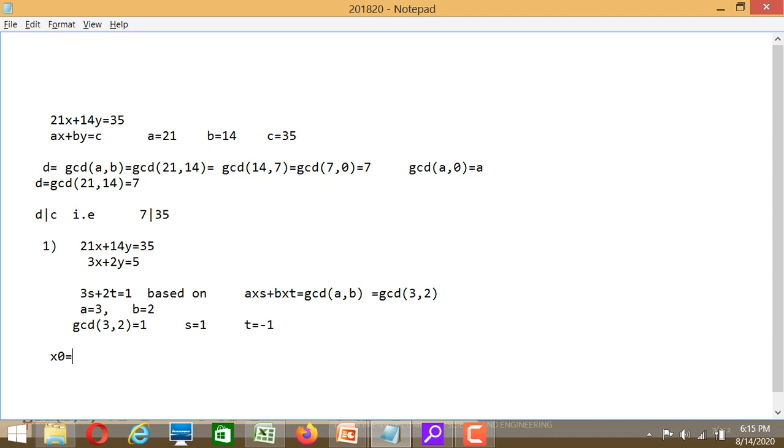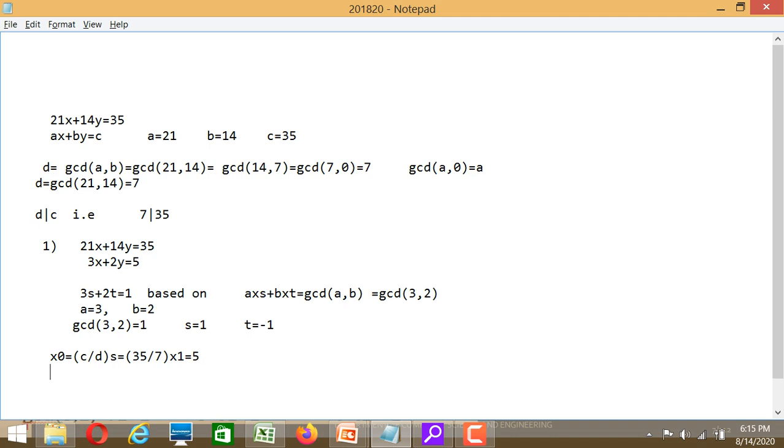X naught equal to, the formula for the x naught is C by D into S. What is the C value here? The C value is 35 divided by D value is 7 into S value, S is 1, is equal to 5.